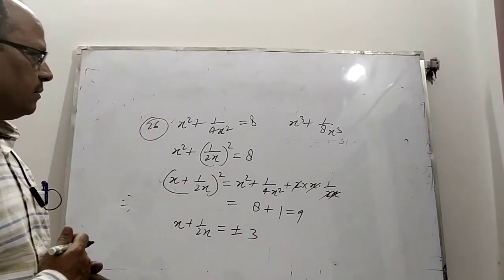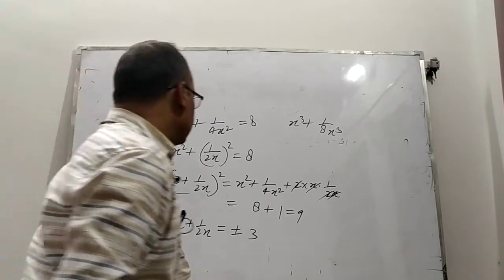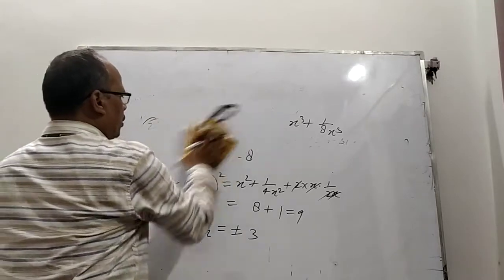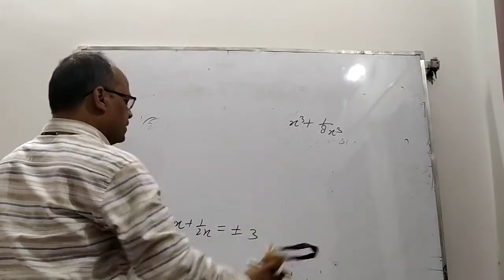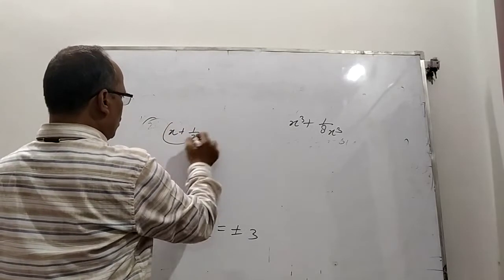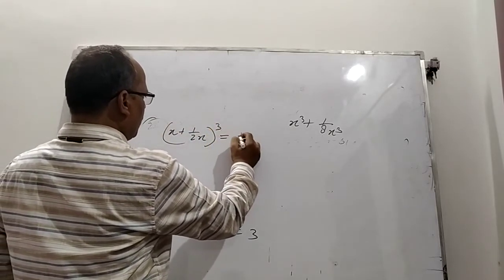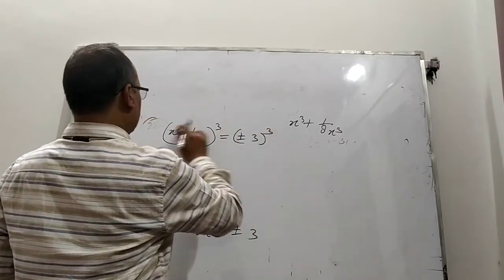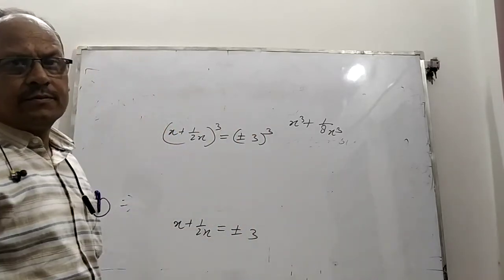Is it clear? Okay. Now we'll see how you can get this value. You will take the cube of x plus 1 upon 2x whole cube equals plus minus 3 this cube. You will take this. Clear?